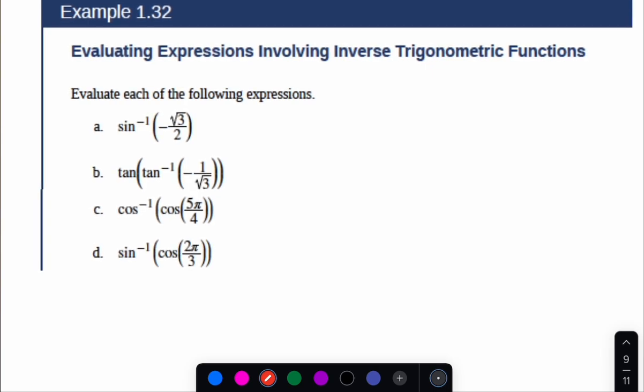Okay, so we have some problems here that are inverse trig functions. Let's look at our first one. Let's see what this is saying.